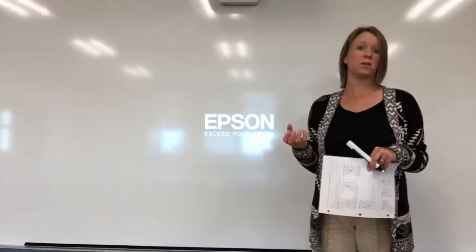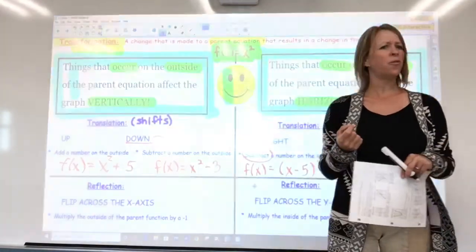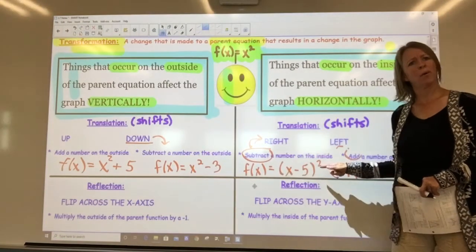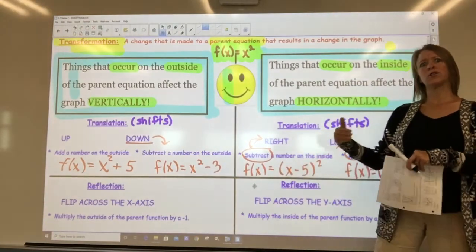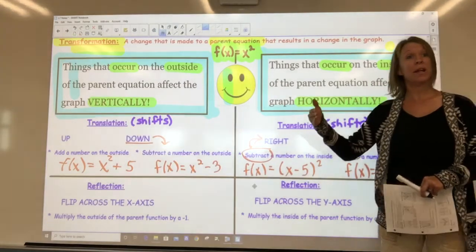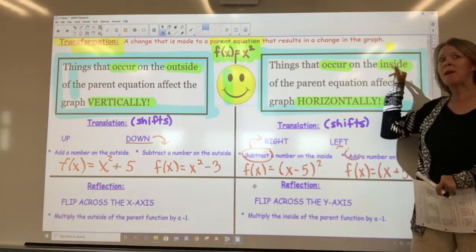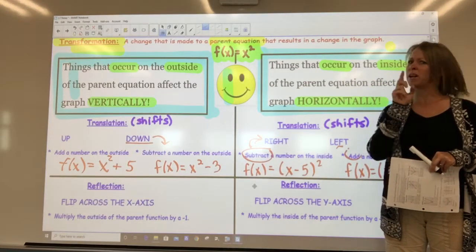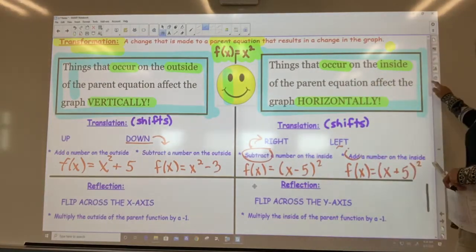Now, the horizontal movements, those are the ones that we would say, you know what, those don't feel like they make sense. We said when we subtract a number, we're actually going to the right. And when you add a number, you're going to the left. So think, if I made that change on the inside, I better slow down. This is a horizontal movement. It's probably going to be the opposite of what I would expect.